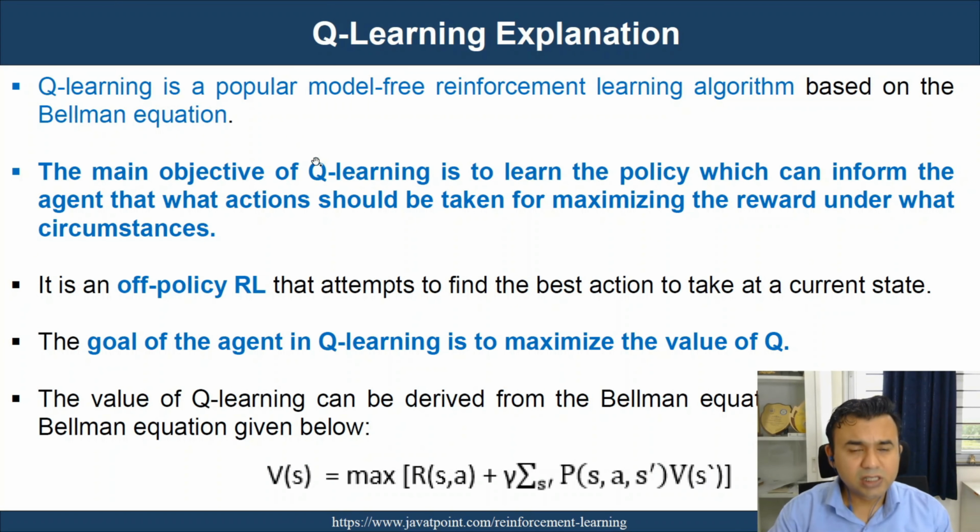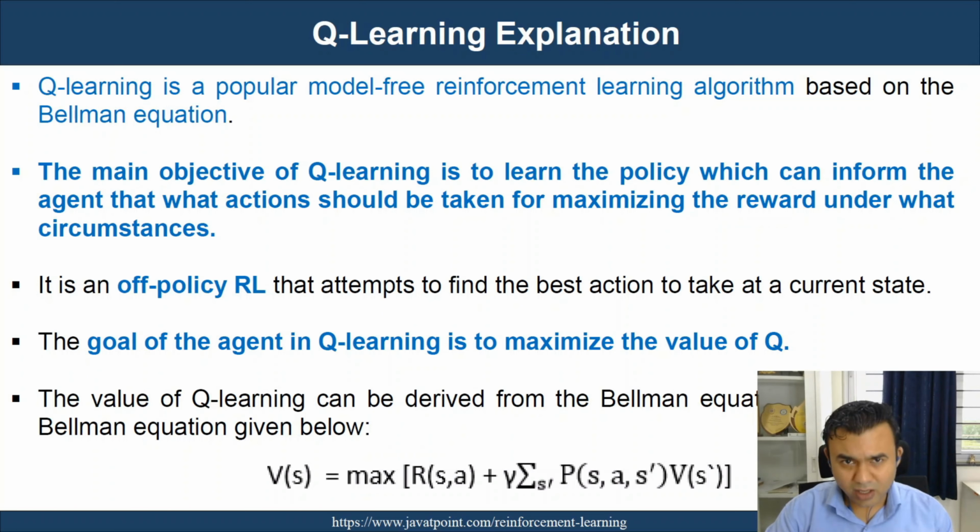Q learning is a very popular model-free reinforcement learning algorithm based on the Bellman equation. The main objective of Q learning is to learn the policy which can inform the agent what action has to be taken in the direction of maximizing the reward under those circumstances.